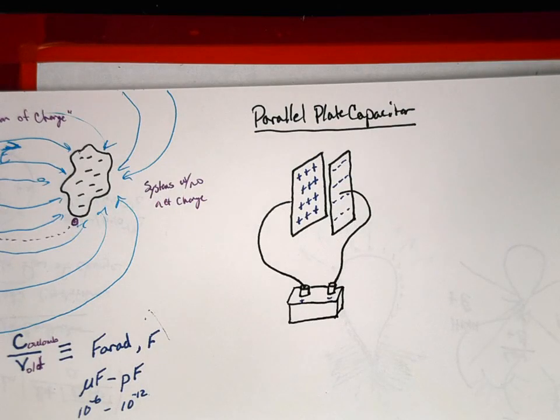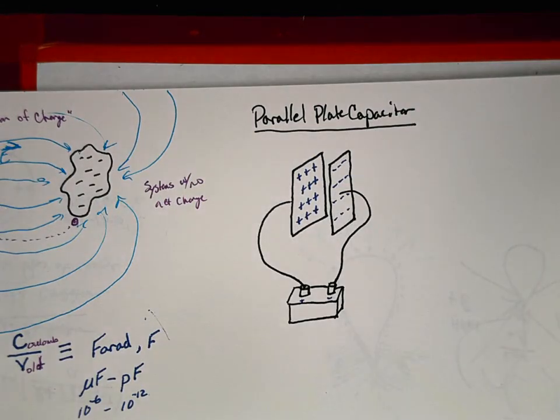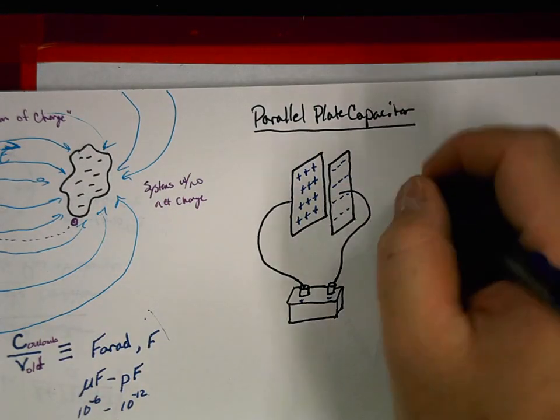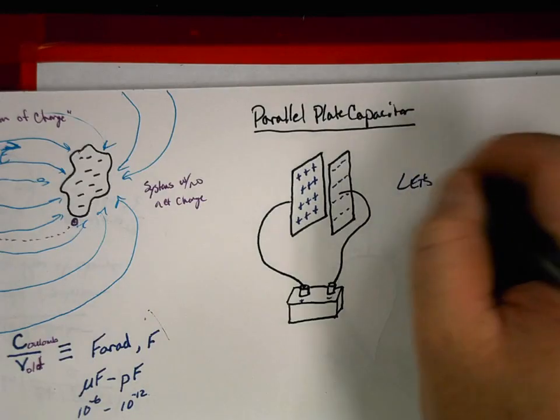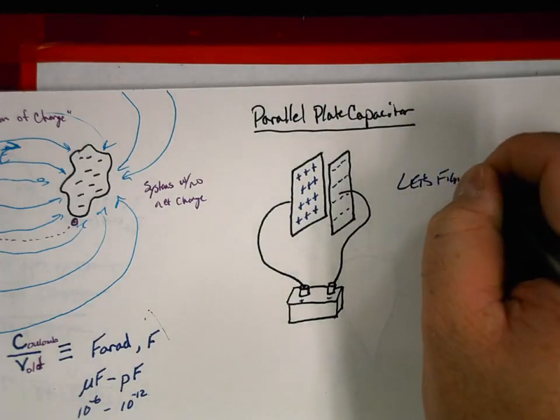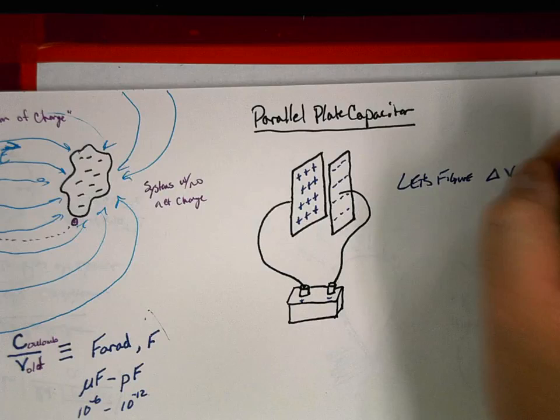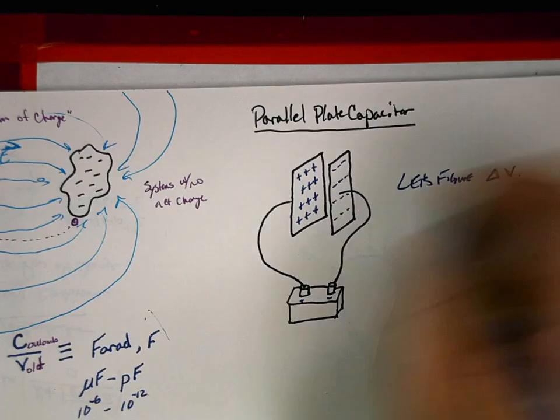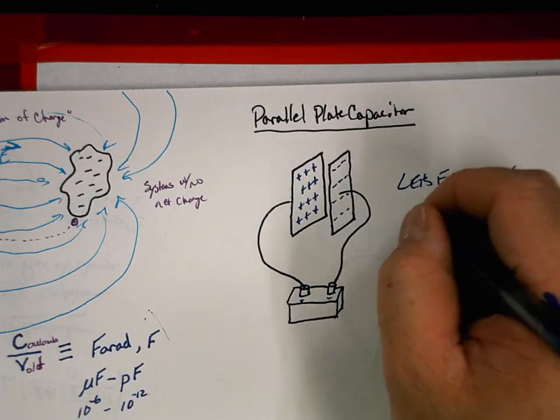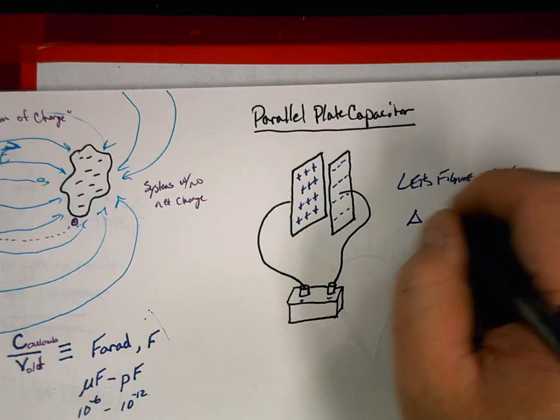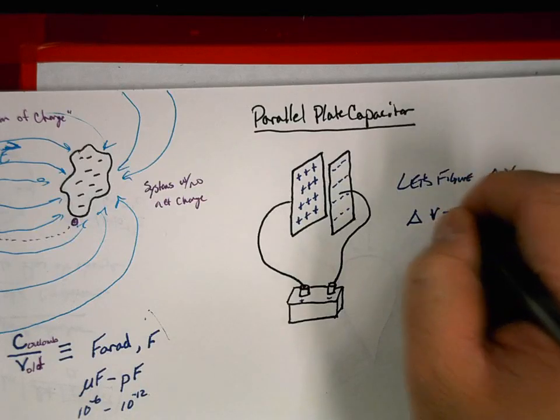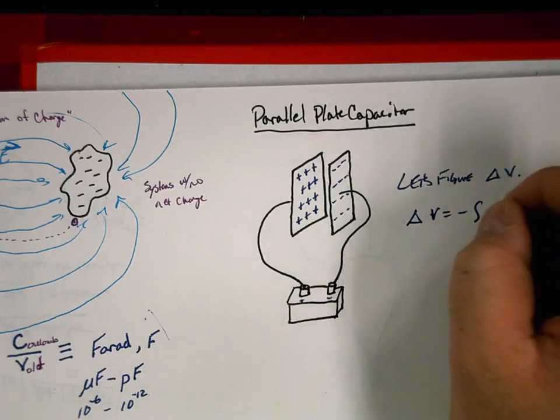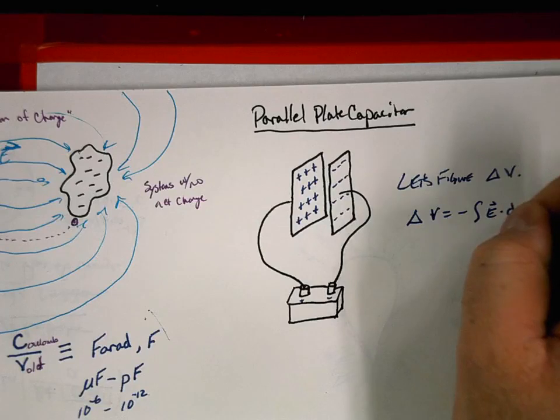So what we're going to do is figure out our voltage. Let's figure out our delta V. We start with our fundamentals, V equals negative integral E dot ds.